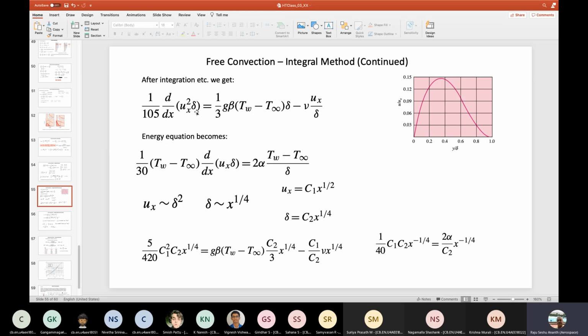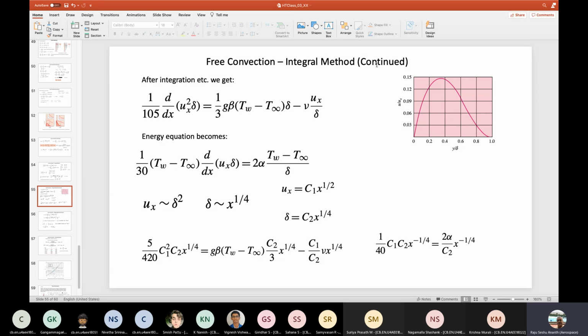Remember, ux is a function of x, but that is an arbitrary variable, but we can relate that. And the energy equation, this is after integration. So this is the velocity profile, and this is the integration of the momentum equation. Similarly, the energy equation becomes like this, because remember we have to substitute this. That is why this term comes in.